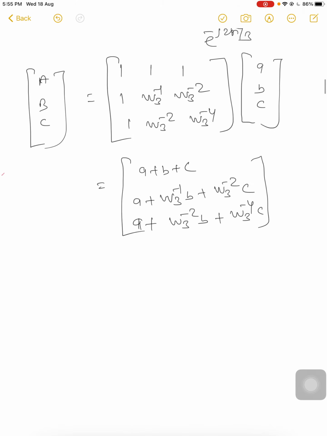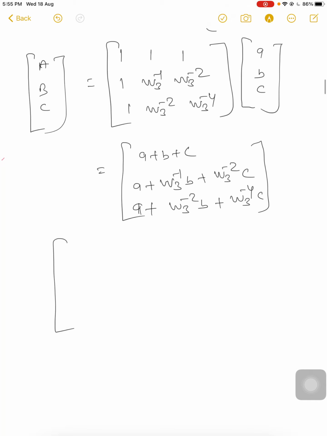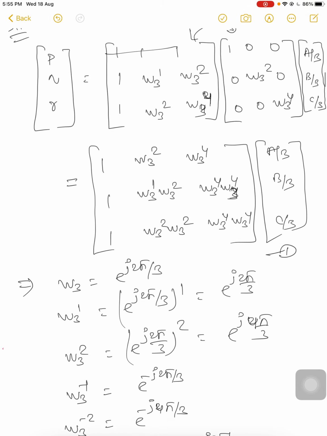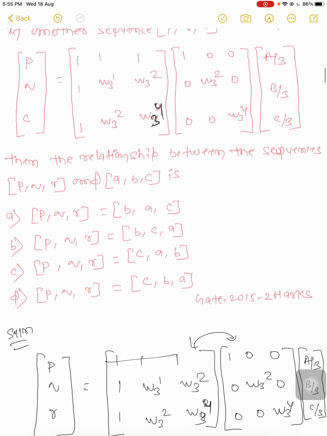Then after simplification, you will get PQR is equal to CAB.